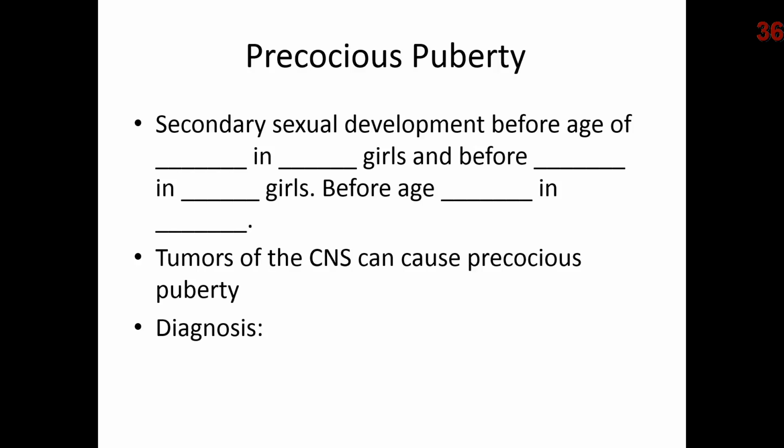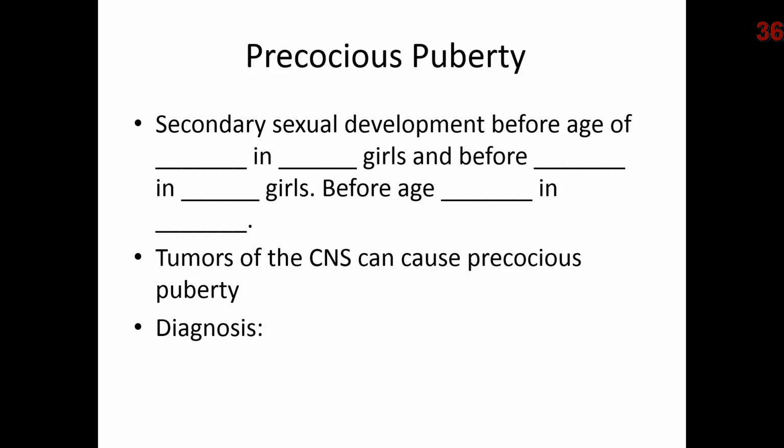It's defined as the appearance of secondary sexual development, like breast buds and menstruation. If those develop in a child before the age of 7 in a white girl, or before the age of 6 in an African American girl, it would be considered precocious puberty.